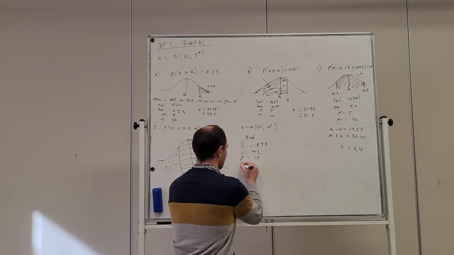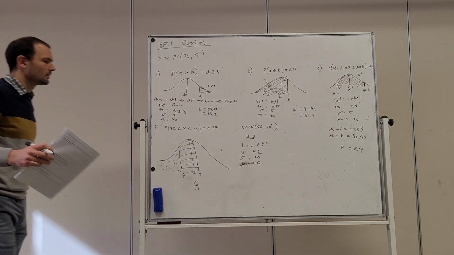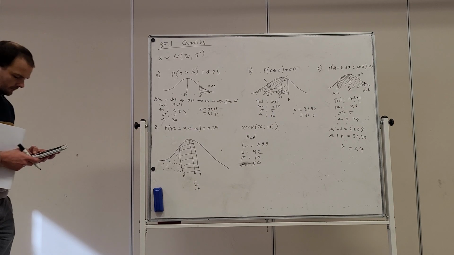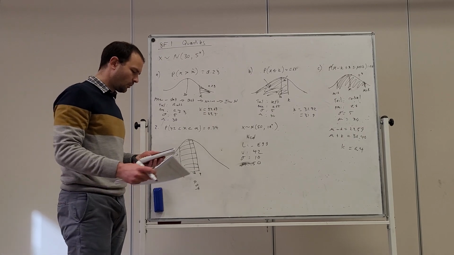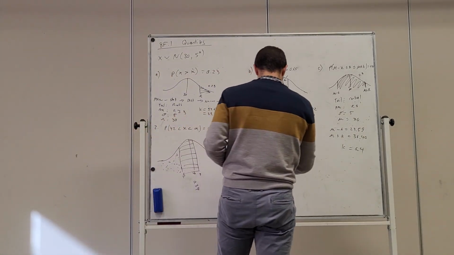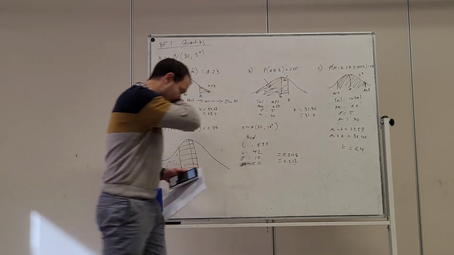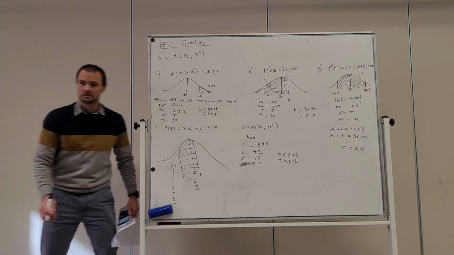Standard deviation is 10, mean is 50. So this is the first calculation we're going to need to do. Normal NCD between minus infinity and 42, standard deviation 10, mean 50. 0.2118. So this area here is 0.212.